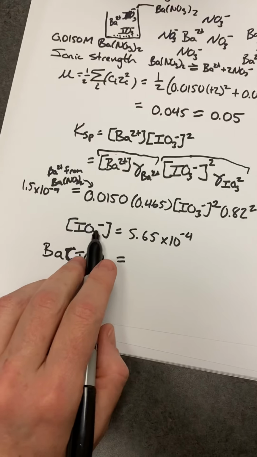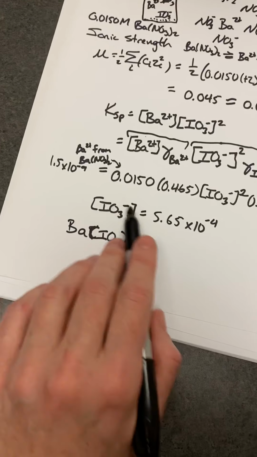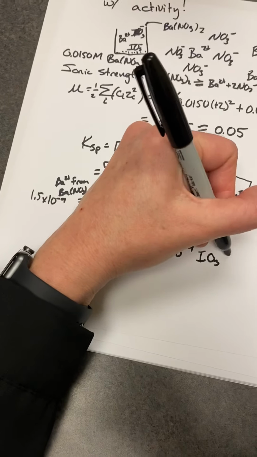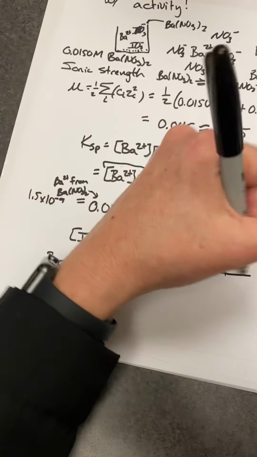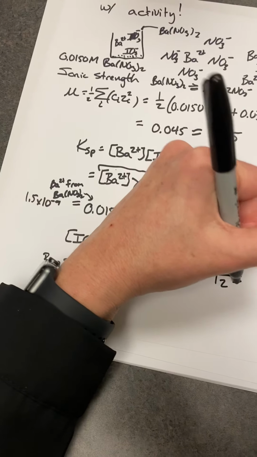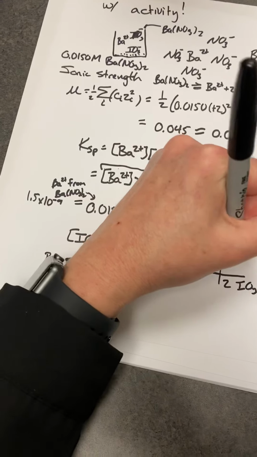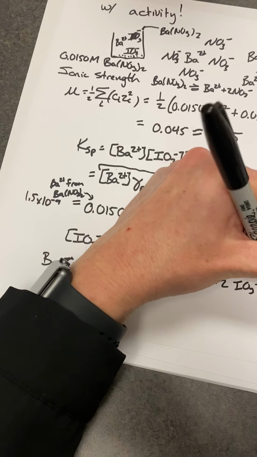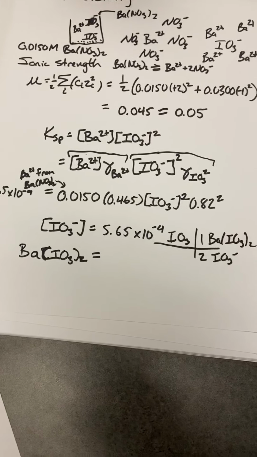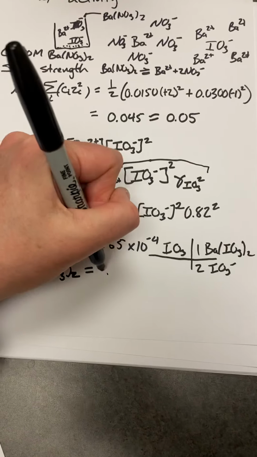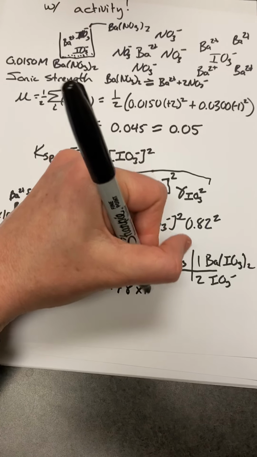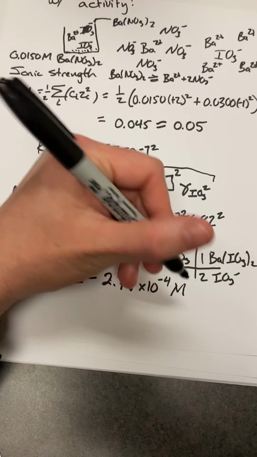For every 2 iodates, we had 1 barium iodate, so we eventually just have to divide it by 2. If we do this, we get an answer of 2.78 times 10 to the -4 mole per liter.